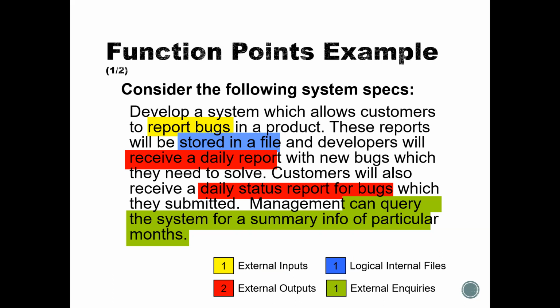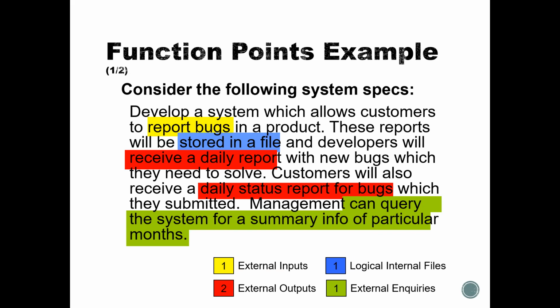Customers will also receive a daily status report for bugs which they have submitted. So the input is the report of bugs that the customers are submitting, and they are getting two outputs from this software. One is for the developer, the daily report, and the other is the daily status report for bugs, which is for the customer.